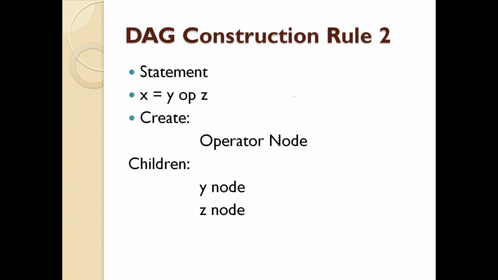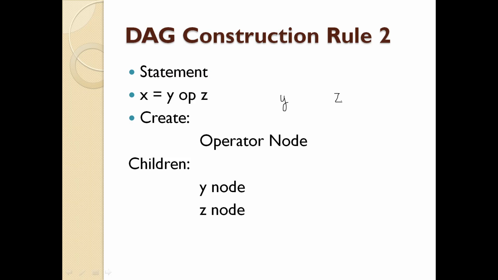And rule number 2: for every assignment involving an operator, create a new node as an internal node, and its children are the nodes representing the operands. Suppose there is a statement x = y operator z, then we need to create nodes for y and z. As I told you, for every variable we need to create a node. Obviously, we should have created the Y node and Z node.